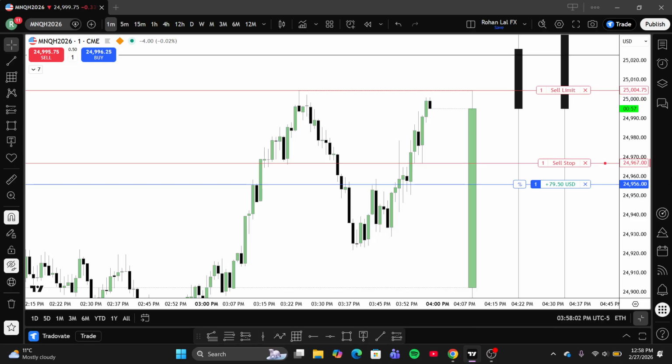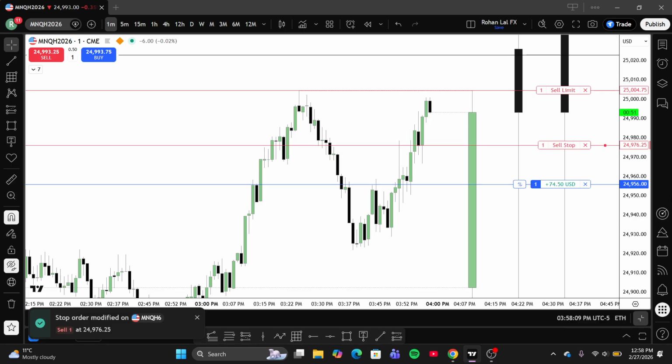Take profit should be hit in this next candle. I'm placing my stop a little bit higher below this down close candle.